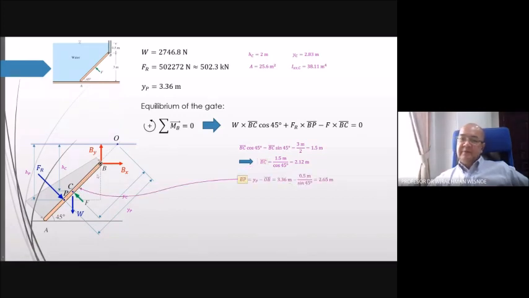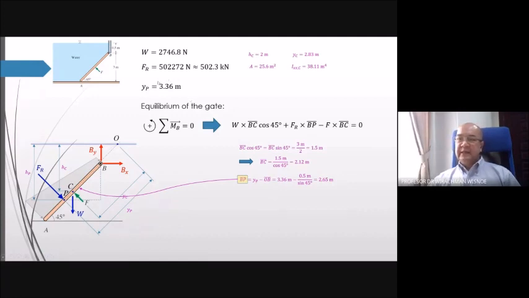For BP, we see this bigger triangle passing through BP and this right angle. BP is the distance from B to P. What we have calculated previously is YP, which is from O to P. What we need is B to P. So it means BP is YP minus OB.